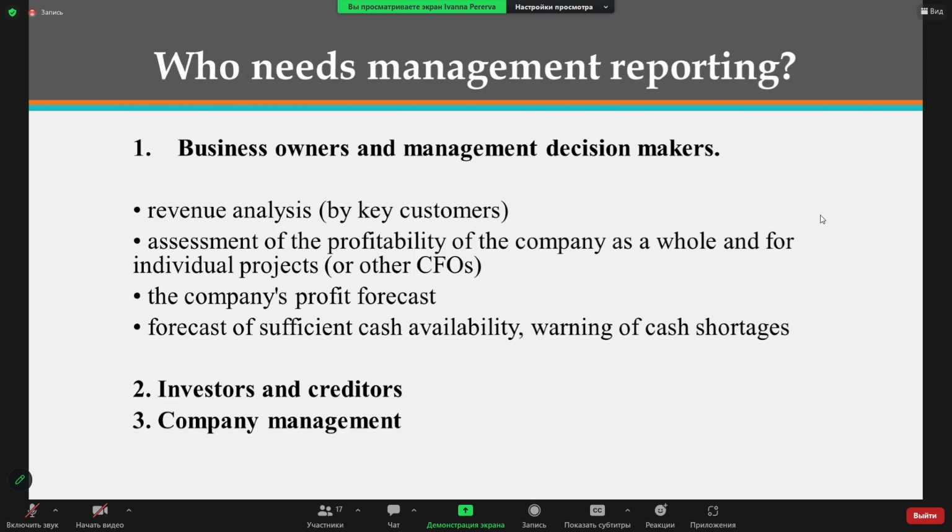In some cases, it's possible to use also accounting statements for this purpose. But not always. You can ask why. Of course, accounting reports contain the whole information about the whole company. That's why in this case it's better to use management reports.